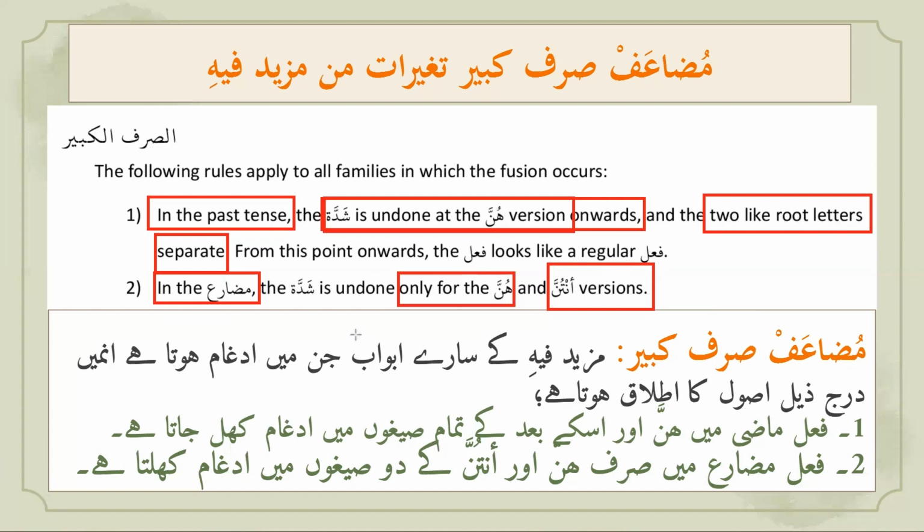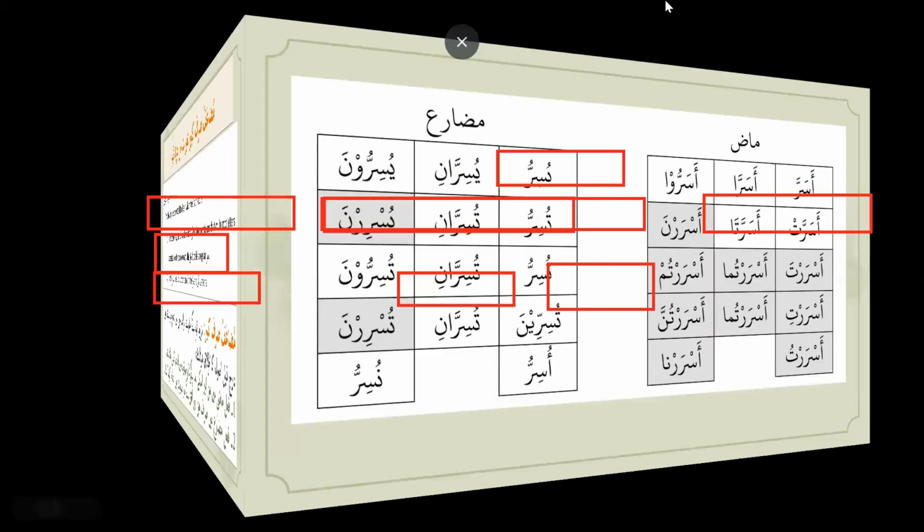In these two forms, the unfusion or the idgham is undone. In Arabic, it is called idgham. In English, we say that the fusion occurs in most of the forms, but in past tense, the fusion is undone at hunna, and it is like that onwards. But in present tense, the separation of the two letters, or the undoing of fusion, happens at hunna and antunna. Okay. So with examples, inshallah you will know it very well.